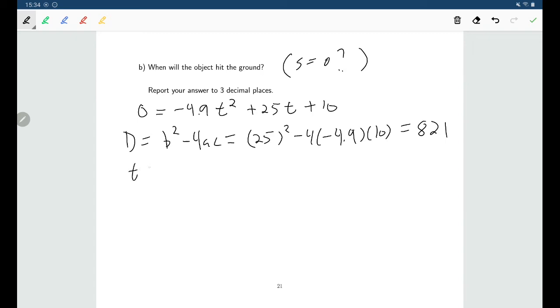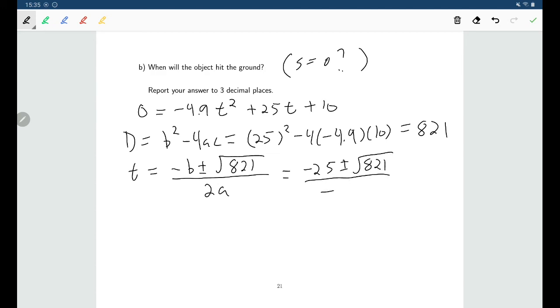And so time is negative b plus or minus the root of my discriminant, all over 2 times a. So negative 25 plus or minus root of 821, all over negative 9.8.